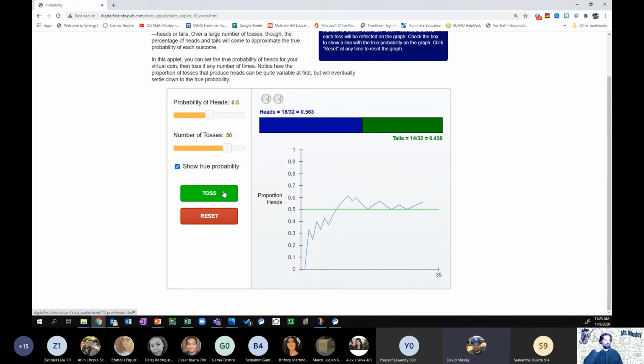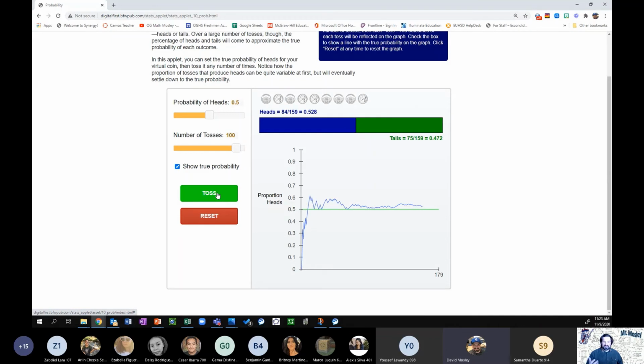Notice how the line is bouncing around, and it keeps coming back down or getting closer to the 0.5. This is what it means when the values start to come to a point here, start to converge on a value. If we do more simulations, we expect this to get closer and closer to 0.5.